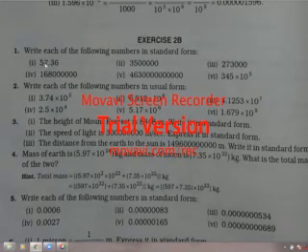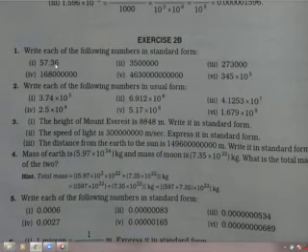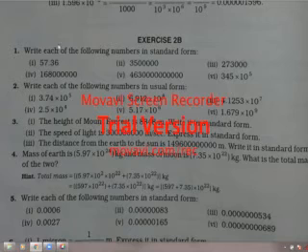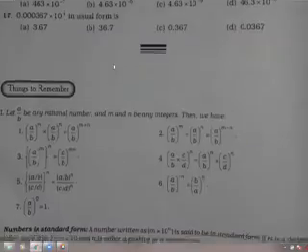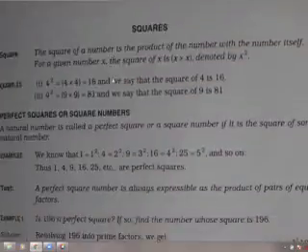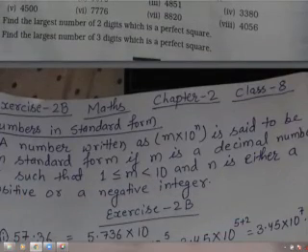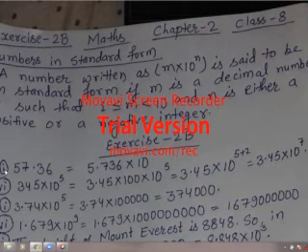So we have to write 5.736. The point goes 1 digit ahead towards the right. In that case, as many digits as it goes ahead towards the right, 1 with that many zeros it will be multiplying. So 5.736 into 10 will be its standard form, as you can see in the solution which I have given to you. Here 57.36 is equal to 5.736 into 10, which I had written.